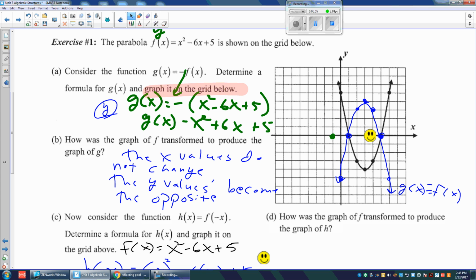This point, 1, 2, 3, 4, 5. This point, make sure you use the original function. 1, 2, 3. That point is right on the y-axis. 1, 2, 3, 4, 5, 6.